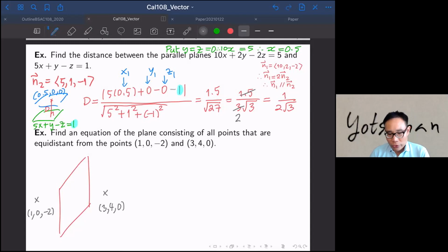Okay, so you see that your plane has the property that the points are equidistant. It means that if you connect these 2 points, the segment is going to pass through this plane, and let me erase this one.